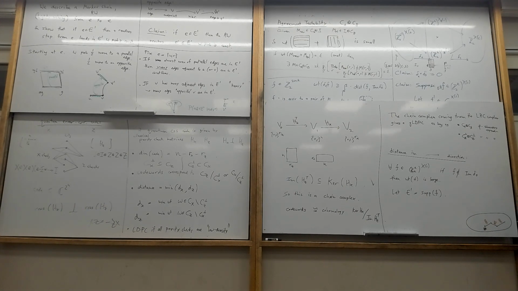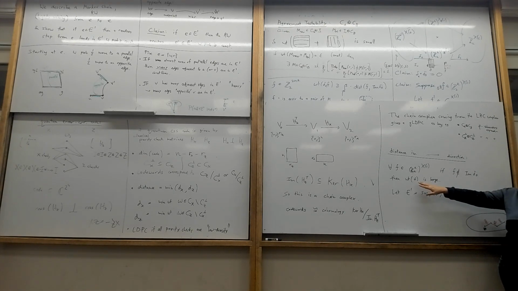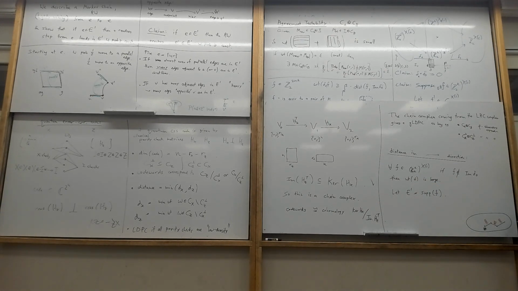So without loss of generality, I'm going to prove that after I did this, the weight of f is large. This will, of course, imply that even before I did all these moves, the weight of f was large. So we assume, without loss of generality, that f is minimal with respect to vertex moves.